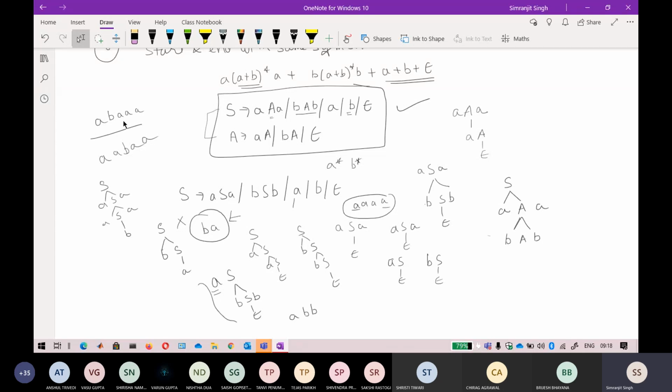But just let me derive the whole expression here. So I want triple A's. Okay, so now again, I want an A. I can stop it here by using a single A from this one, but that will also cause a problem because I want three A's. Three A's are not possible.